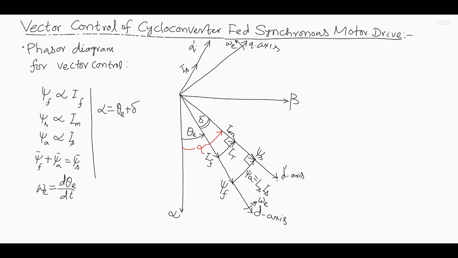So the stator voltage Vs, which is the stator applied voltage, will be along the q dash axis. So they are at right angle to each other, and for unity power factor Vs and Is are in phase. That is obtained at the steady state.